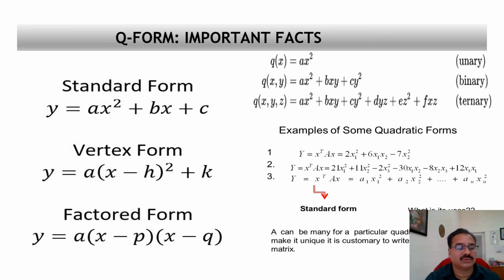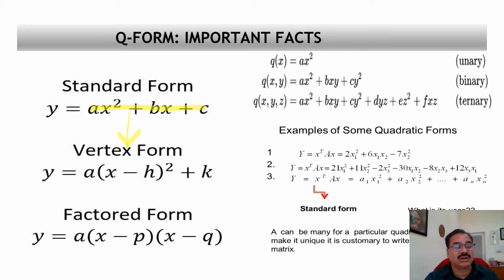Now look at all the standard forms, as you already know. The standard form is y is equal to a x square plus b x plus c. The vertex form, the same equation may be written as a into x minus h whole square plus k.